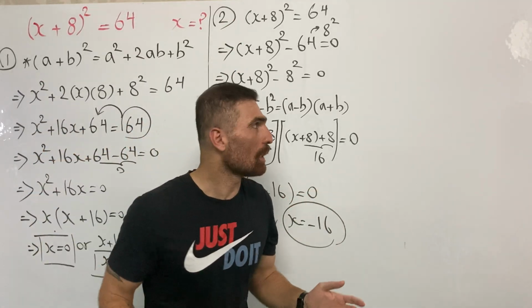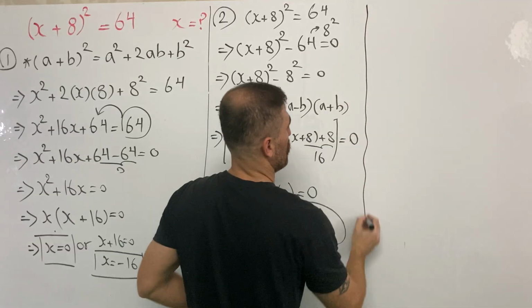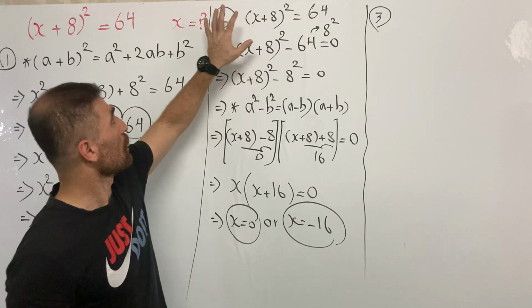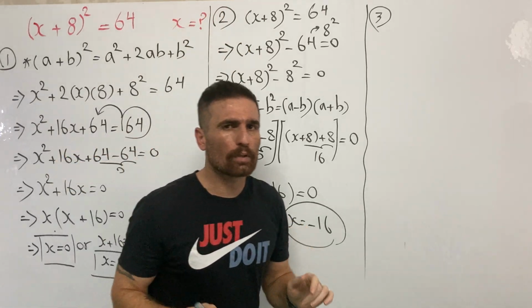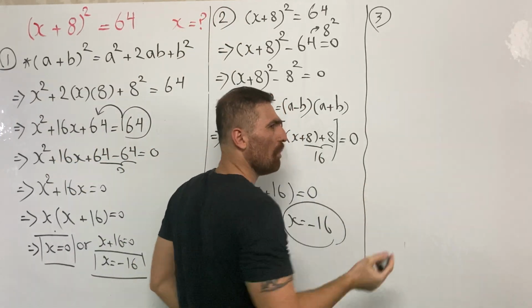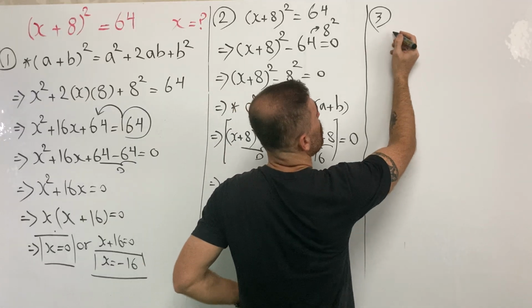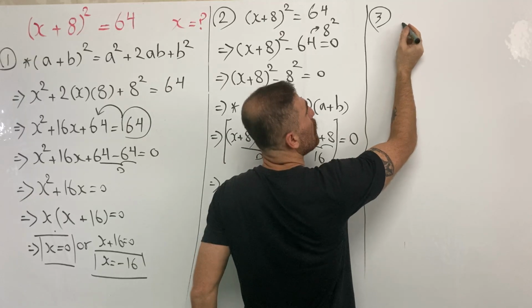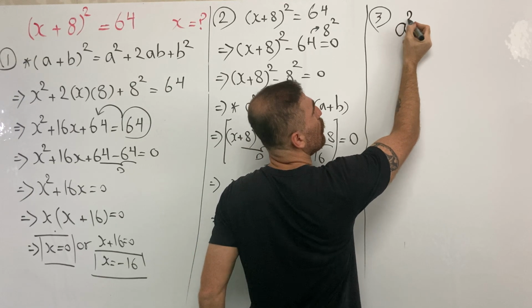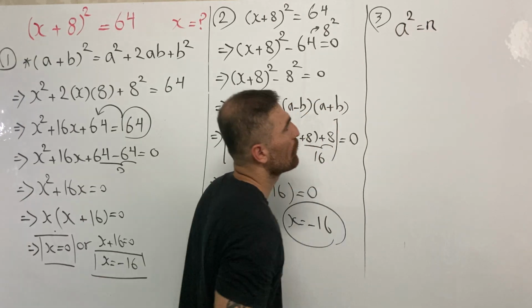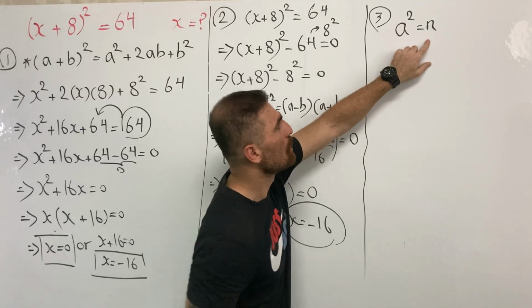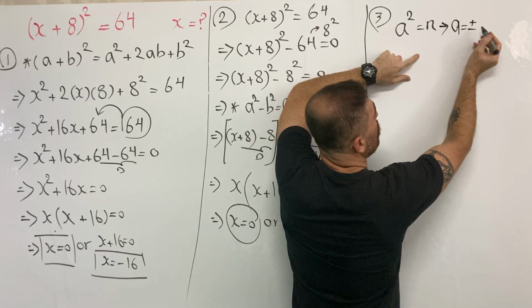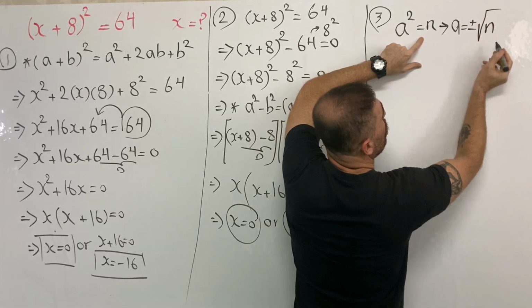But what is our last solution? Let me show you. Solution number 3. To solve this question, we're using another solution. I'm going to follow this rule, or you can say algebraic identity or exponential rule, that says if we have a raised to the power of 2 equals n, a squared is n, then we can get the result: a is positive or negative square root of n.